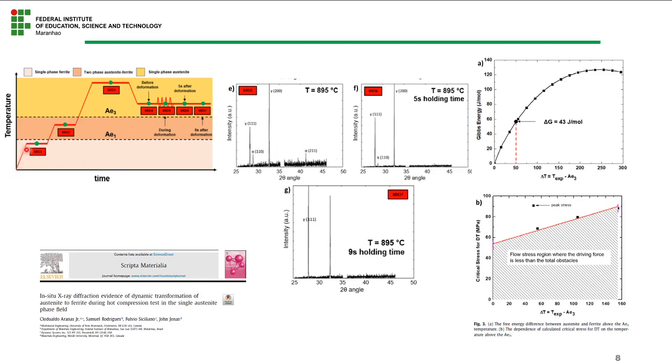We increased the temperature below the A1 line, in the ferrite phase field. We applied the X-ray signal, and also did so inside the double phase region, and at higher temperature during the austenitization process, and also before the application of the compression tests.